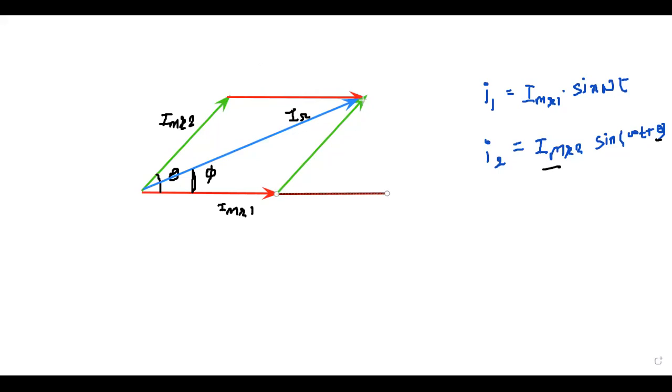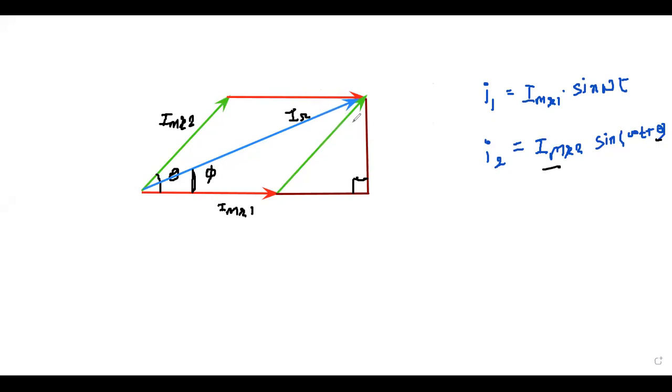Let us take it up to this only. Also I'm drawing one vertical line over here. So this will be 90 degree, and you can find two triangles over here. Two triangles.